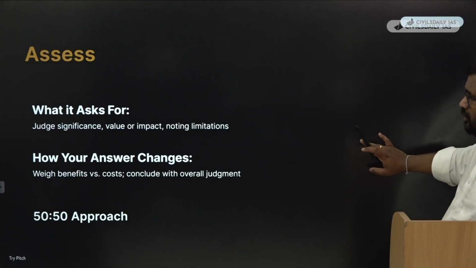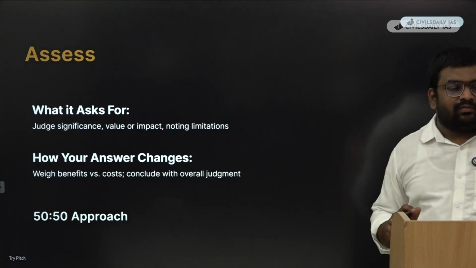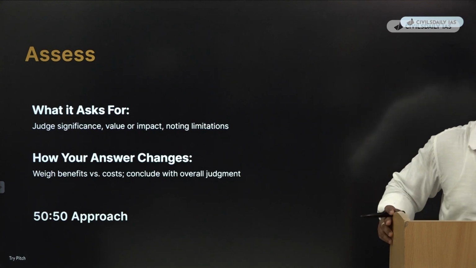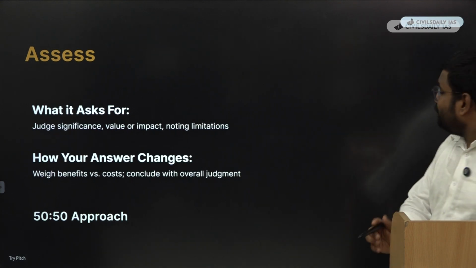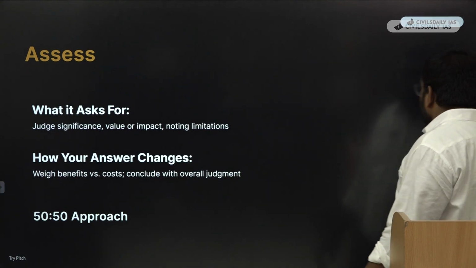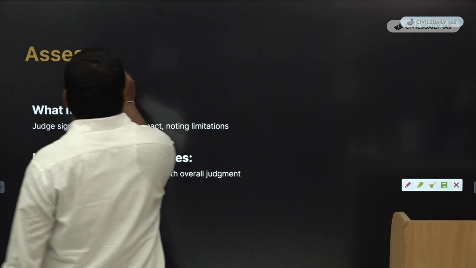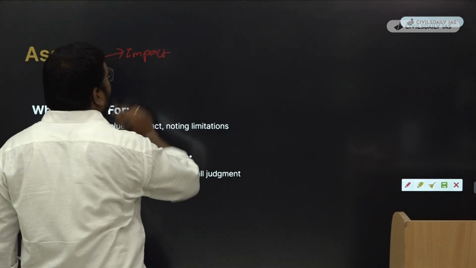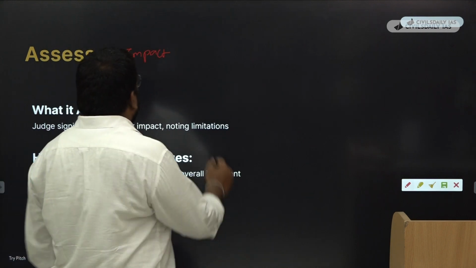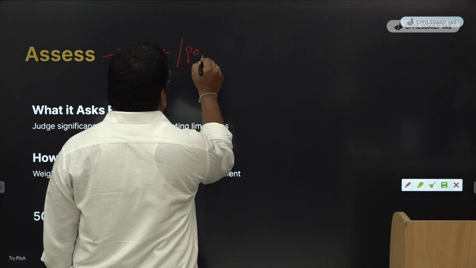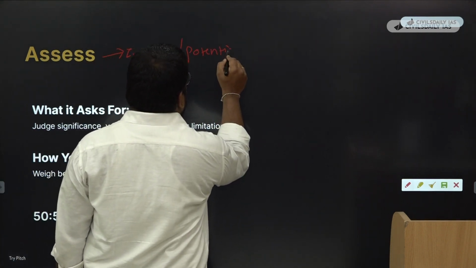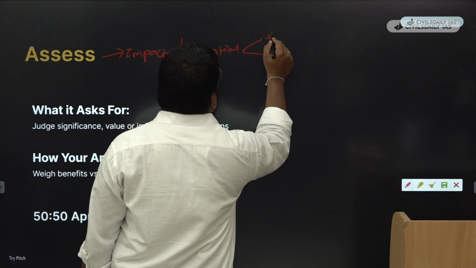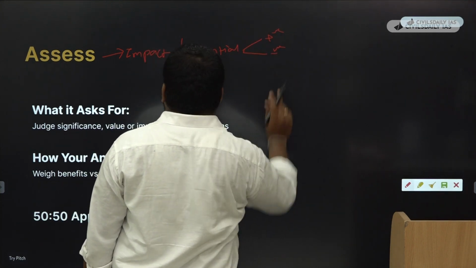Then assess. It is again the same. Generally, when they ask you to assess something, the assessment is basically upon the impact. Okay, so you have to assess the impact or the potential on the positive side and on the negative side.